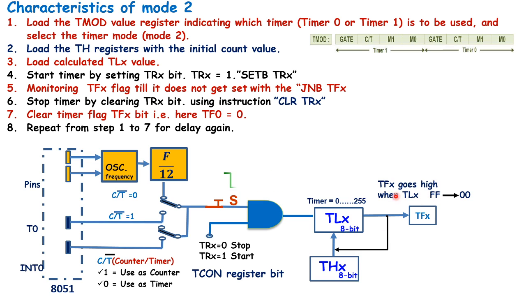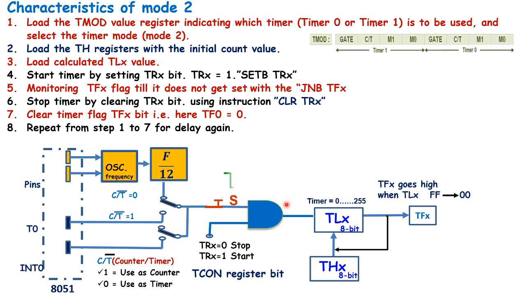Now when TLx goes from FF to 00, at that time this flag bit will be set, and when it is set, automatically the THx value is reloaded in TL, and that is why we name it 8-bit auto reload mode, that is mode 2.